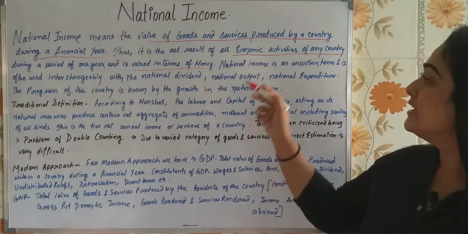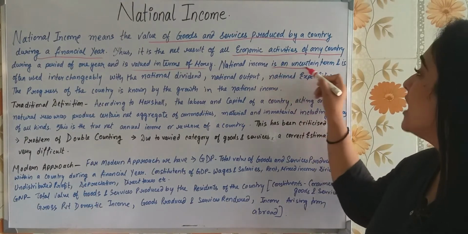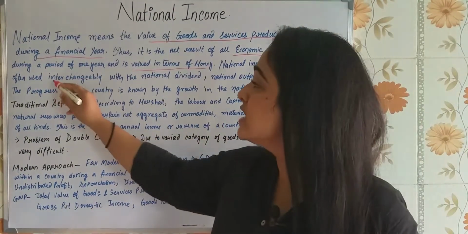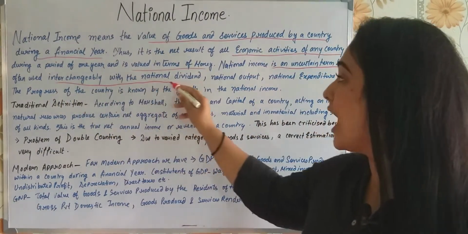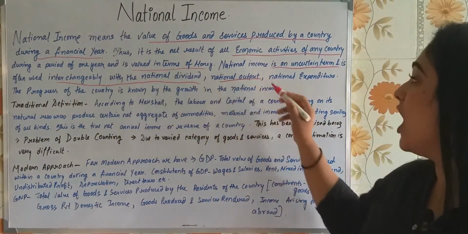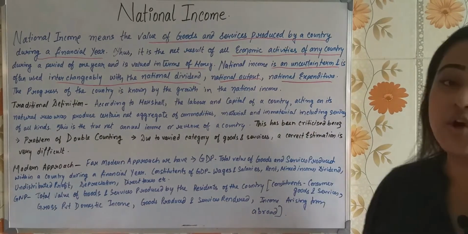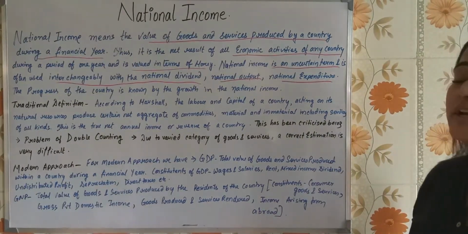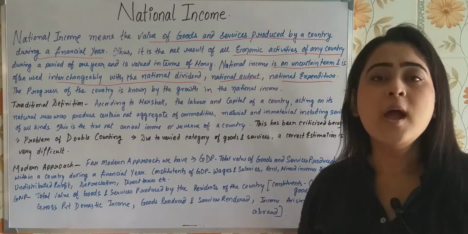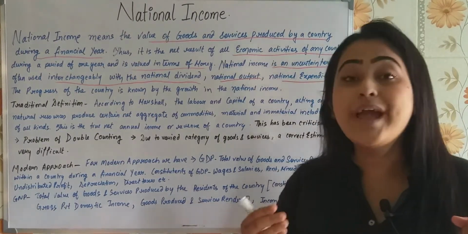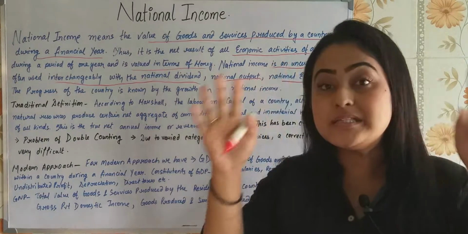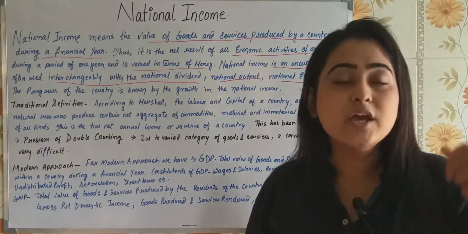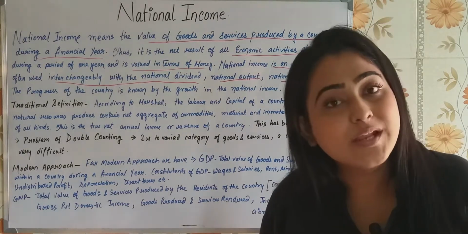Now, if you see, national income is what? Is an uncertain term and is often used interchangeably with the national dividend, national output, national expenditure. So basically, national income is a very uncertain term, because you can see what is the actual result of national income in terms like, if you calculate everyone's income, you can get that.